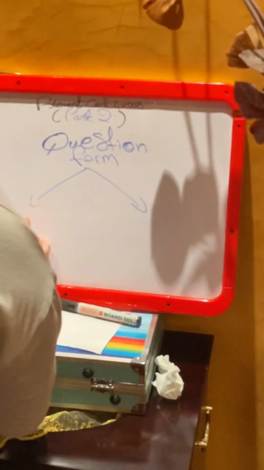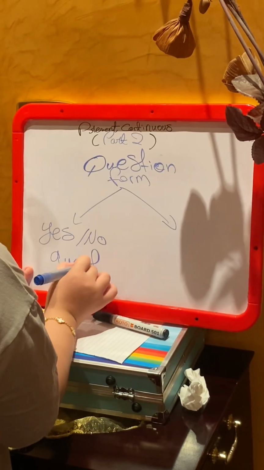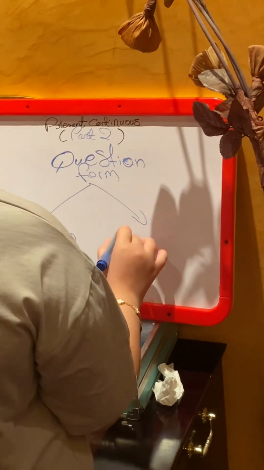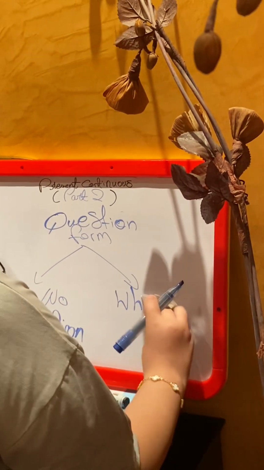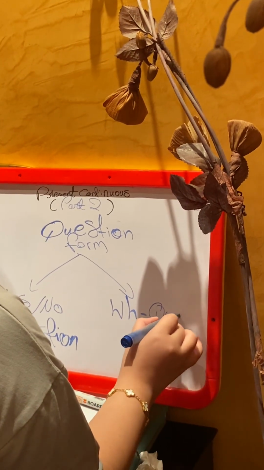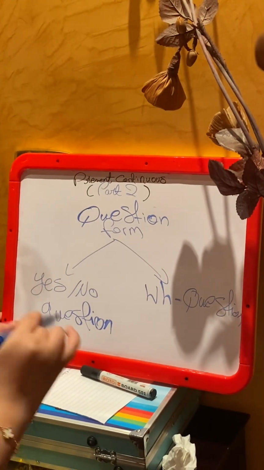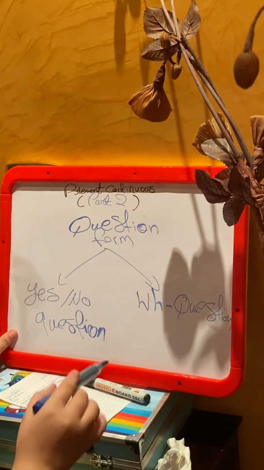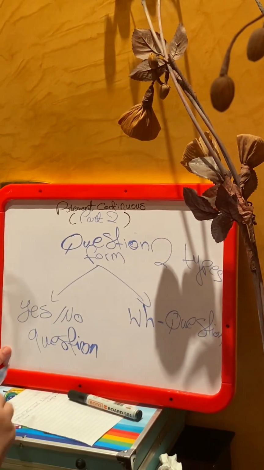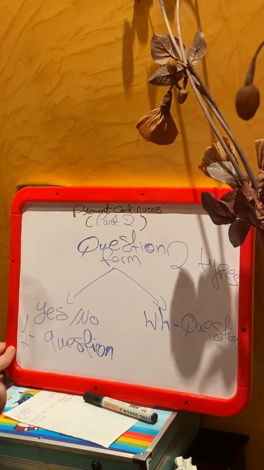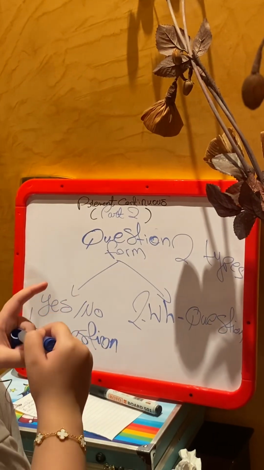We can write them: yes or no question, and WH question. Question form, two types: first, yes or no question; second, WH question.